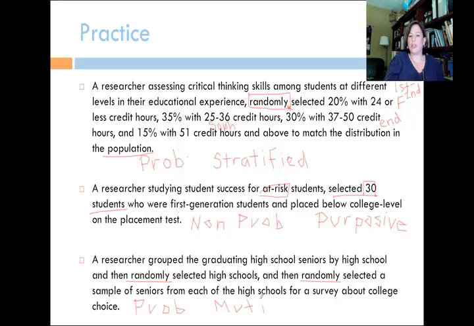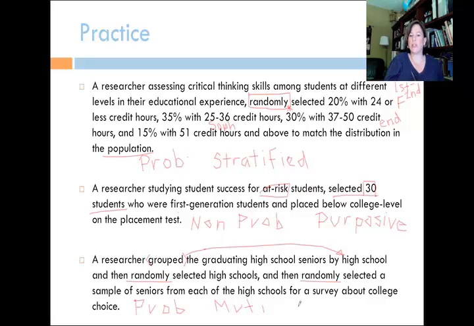So the first stage was to group into clusters of high school. So we grouped by cluster, by high school, randomly selected the clusters, and then randomly selected a sample of seniors from each of the high schools.